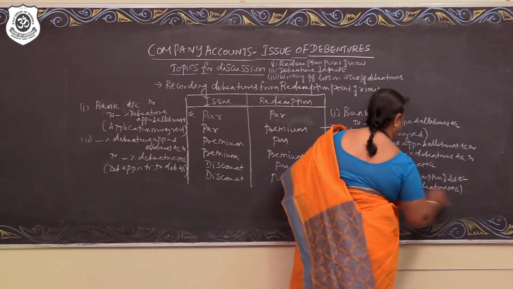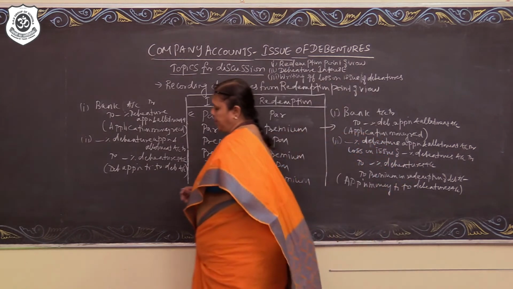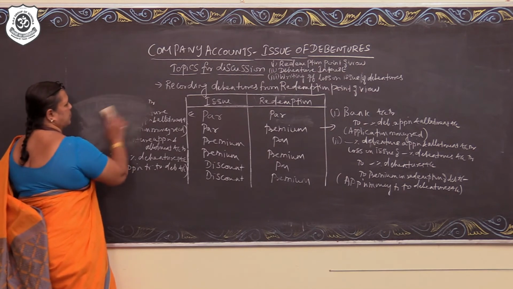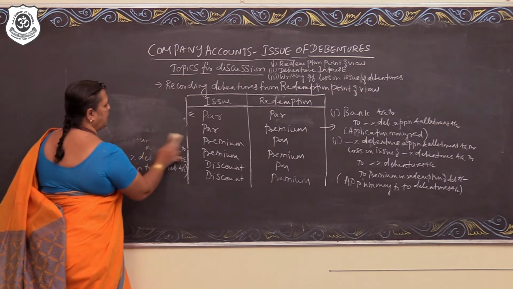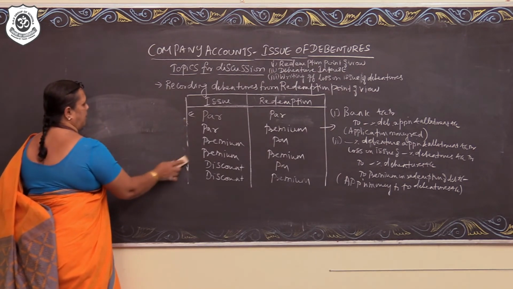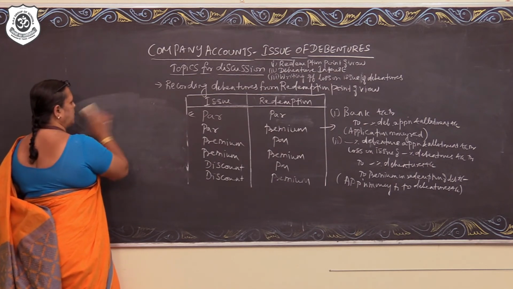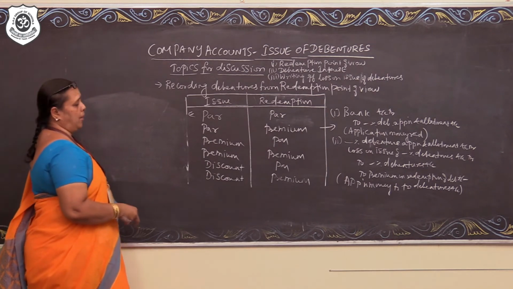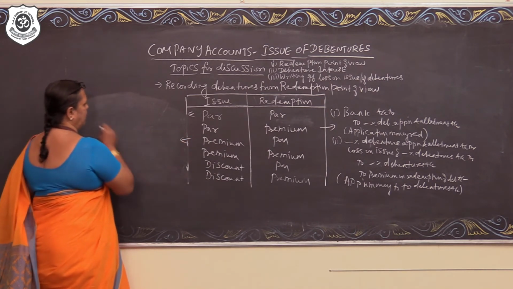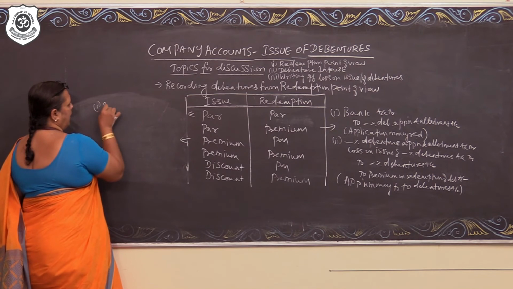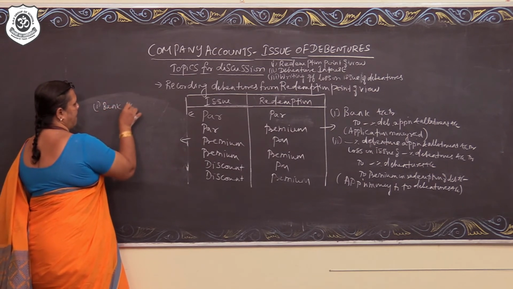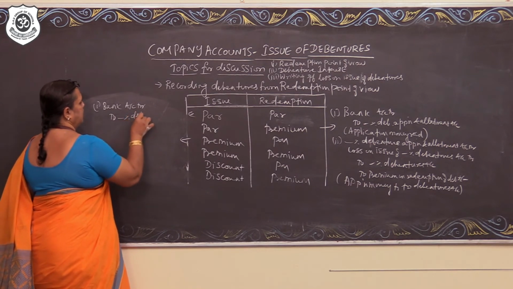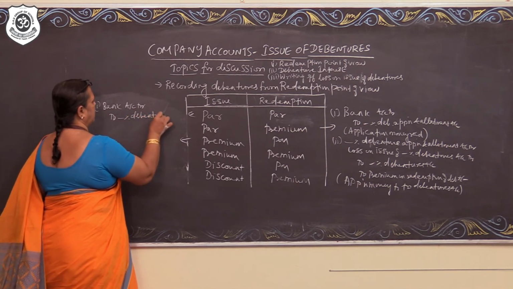The third case will be issued at premium, redeemable at par. So the company is going to issue the debentures at premium, but the debentures are going to be redeemed at par. So the company will pass a journal entry as bank account debit to -% debenture application and allotment account.